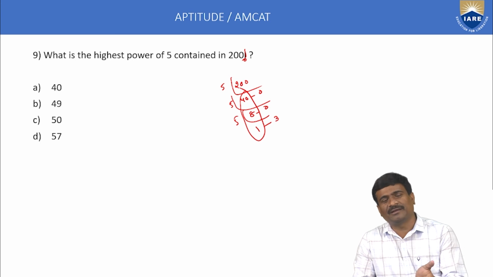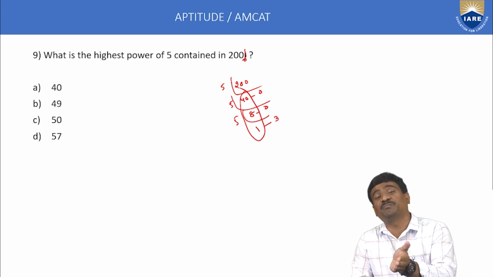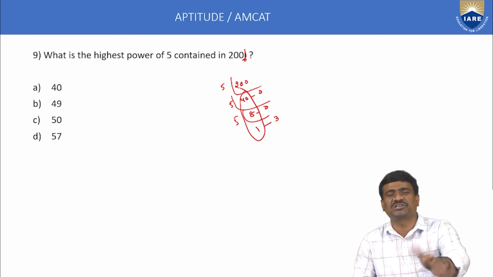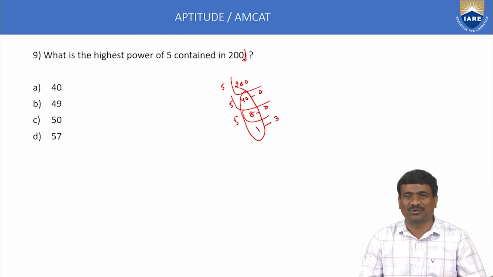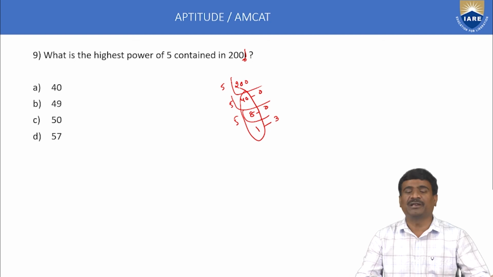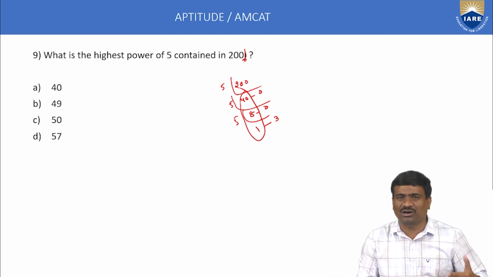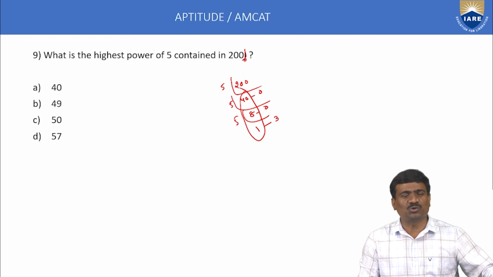The remainder indicates converting 200 into base 5. In the conversion method consider only the remainder. To count the total number of 5s, consider only the quotient. That is the difference. By the divisibility rule, take either quotient or remainder. If we consider the remainder, that indicates 200 converted into base 5.